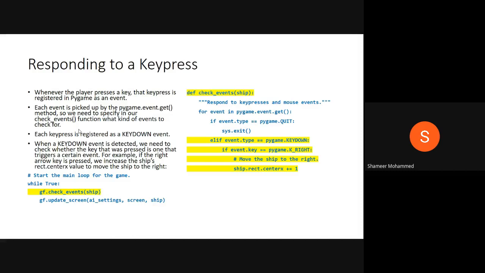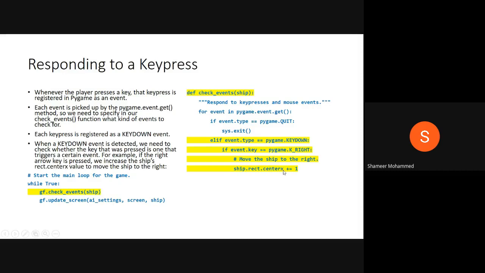In the while loop, when you are checking the events, you can define the rules like this: if you press the close button, quit; else check for key down, key right, key left. Based on that, you increment the position of the ship.